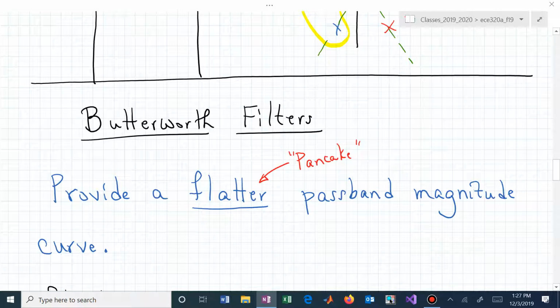You can fill in that table. You can say, oh, they have to be the same angles apart, and if I have an odd number, where do you know you're going to have one of those poles? Always at s equal minus 1. The others are going to be away from that by the angle determined by 360 divided by 2n.